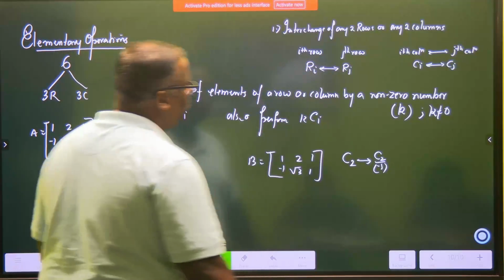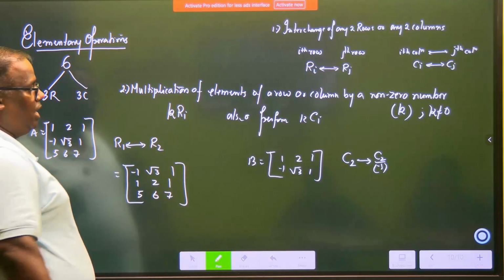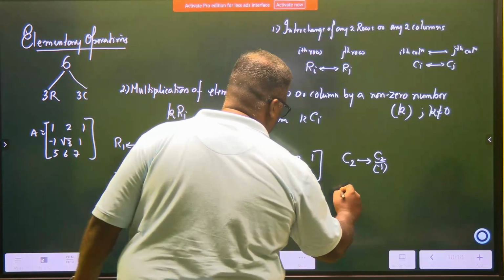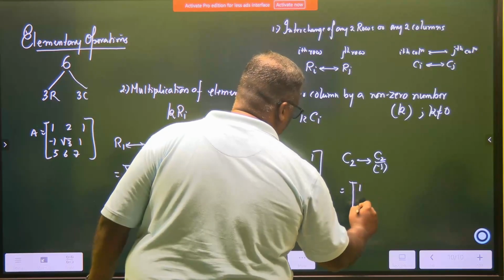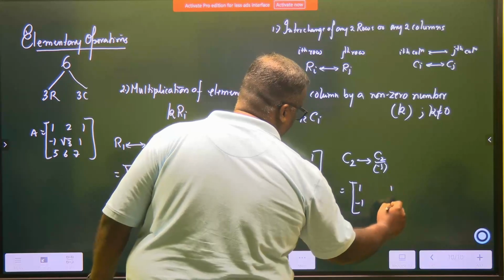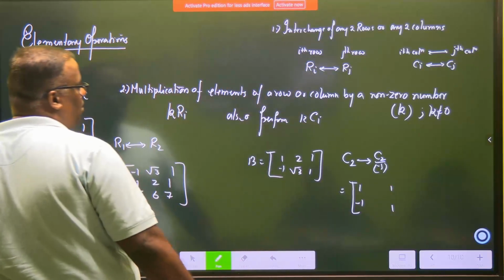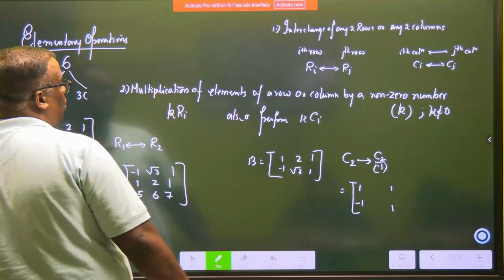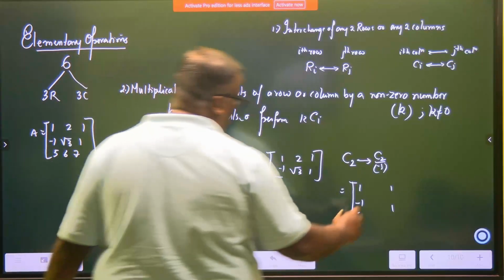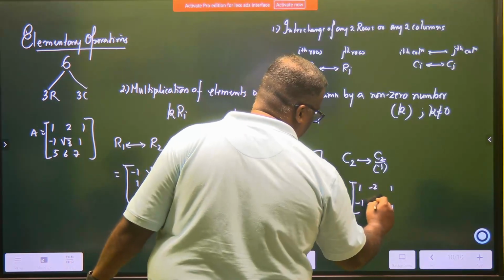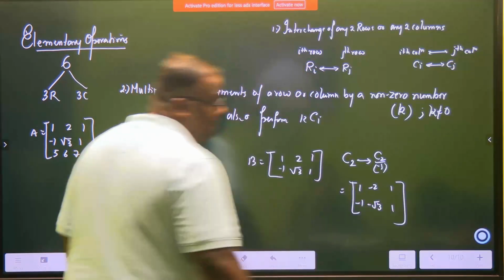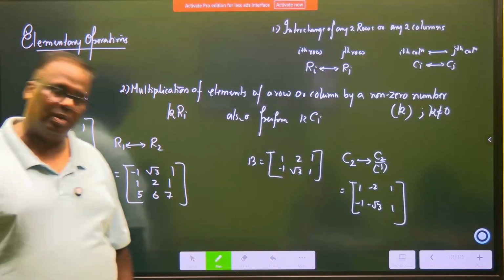My column 2 is equal to column 2 divided by -1. So what will you get here? I will get 1, -1, 1, and 1 remain unchanged because I'm performing the operation only on column 2. So column 2 divided by -1 gives -2 and -root 3. Clear?